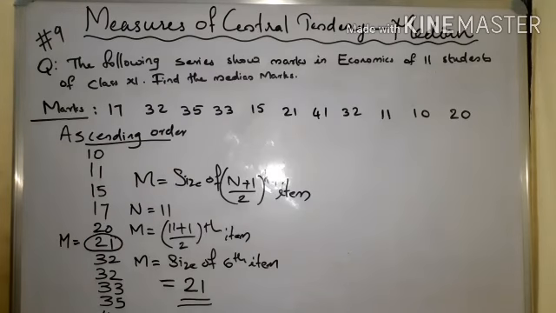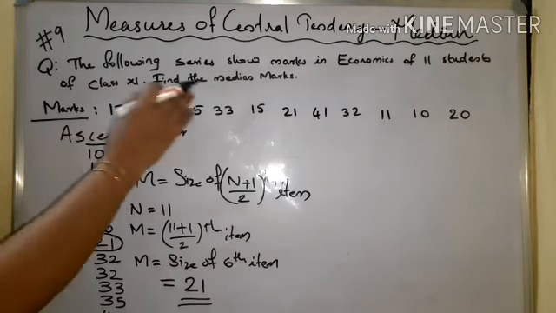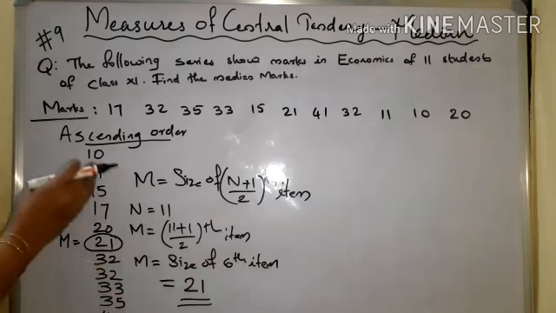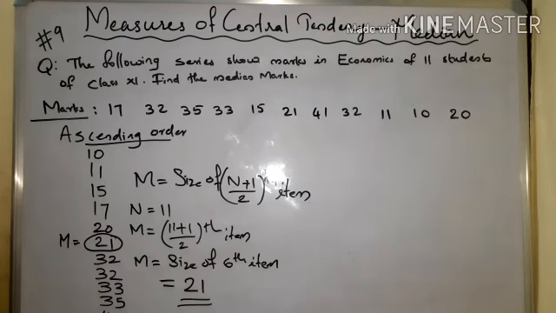So the foremost important factor is to arrange these values into ascending or descending order. Then n is equal to the number of items. This is an individual series, and in the case of an individual series the frequencies are not given, so we consider the number of items as n.